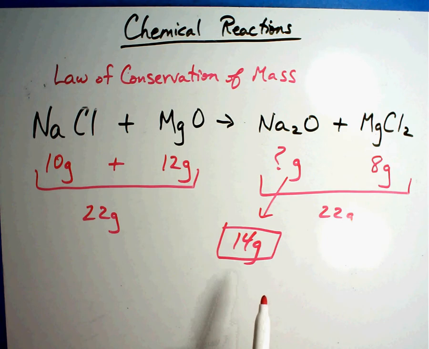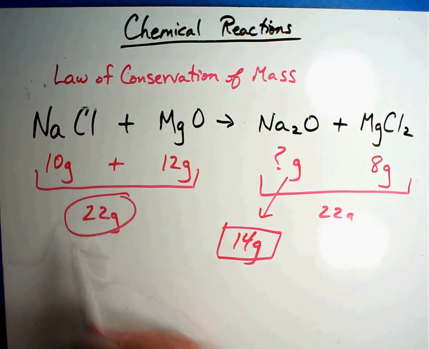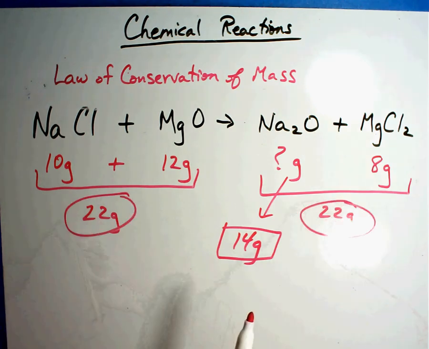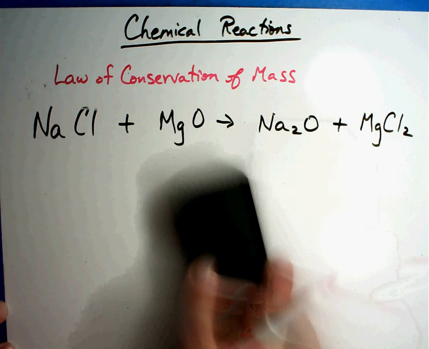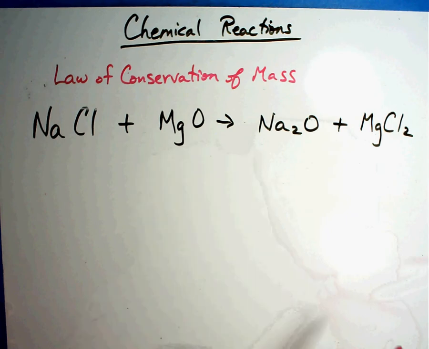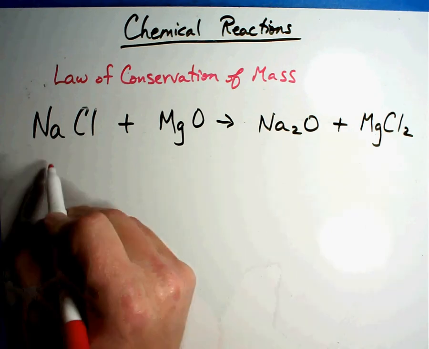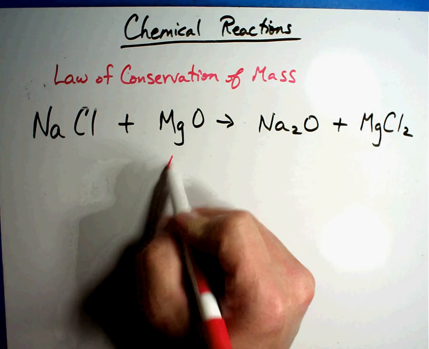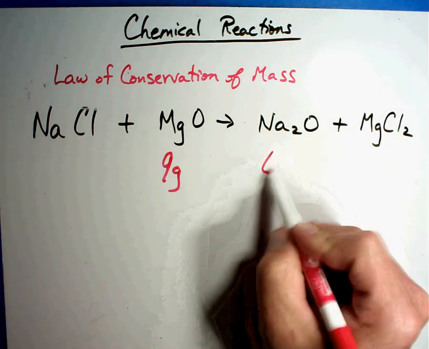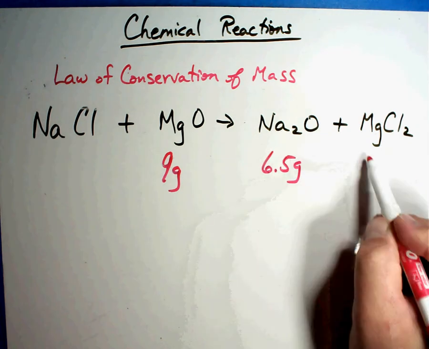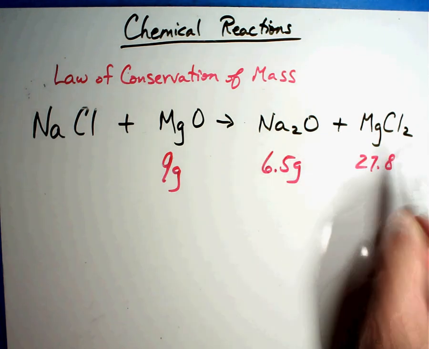But if you don't know the fact that this side has to equal this side, then you wouldn't know how to answer it. Let me look at a different one real quick. We'll just use the same equation. Let's say that they tell you that you have 9 grams of this, and that you have 6.5 grams and 27.8 grams.